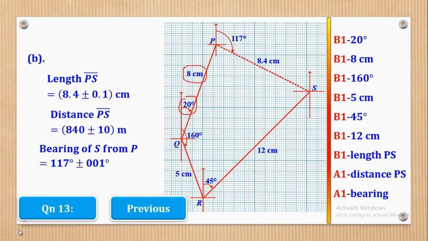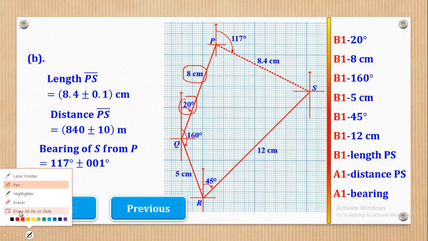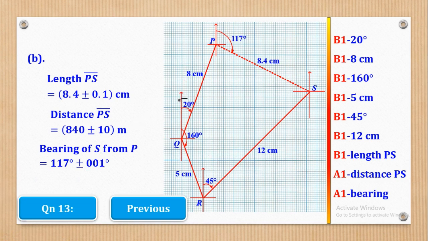8 centimeters. I think let me use a black pen. So the first one was this, then the second one is that one. Now the third one is to measure off 160 degrees from north, and the fourth one will be measuring that 5 centimeters, and the next mark will be on measuring 45 using a protractor from north, next will be measuring this 12 centimeters.